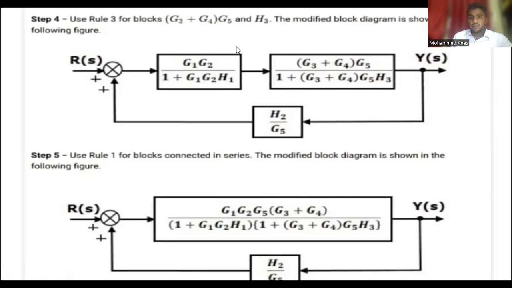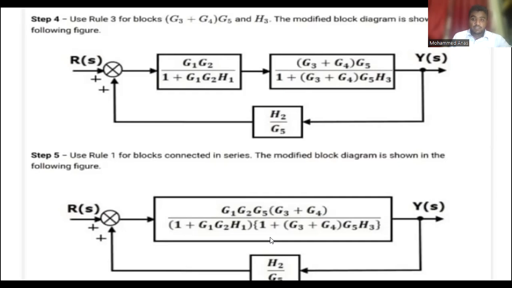Step 5, these two blocks are connected in series, so we reduce them into series form. After multiplying both of them, we get this form.